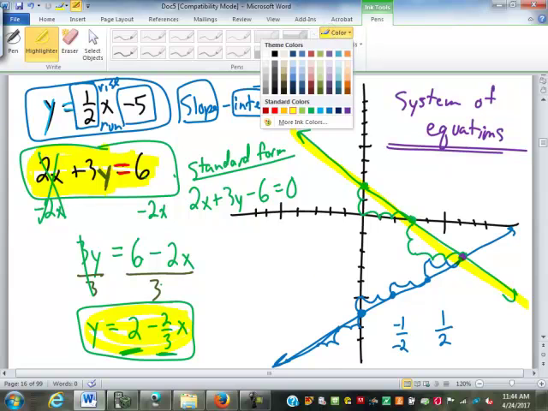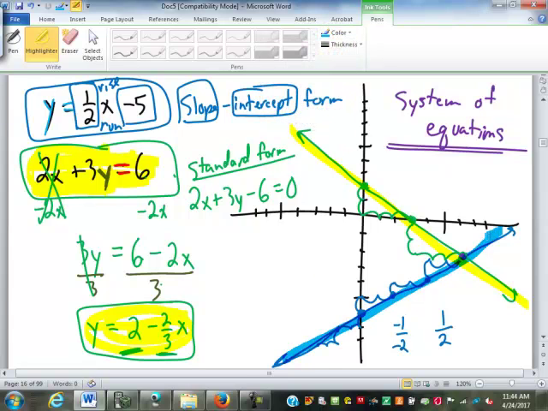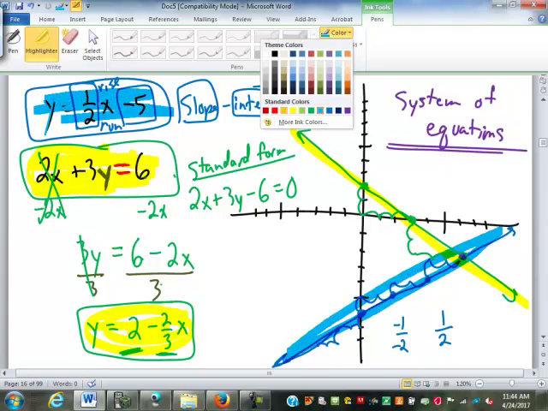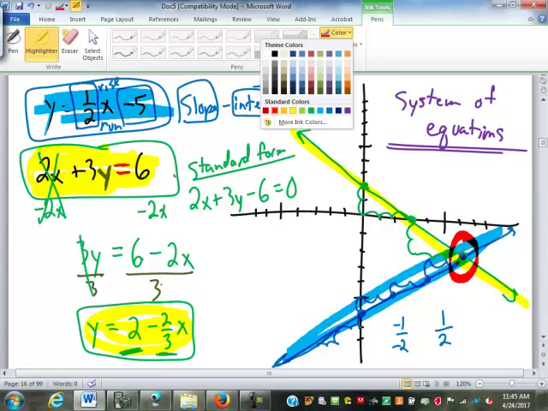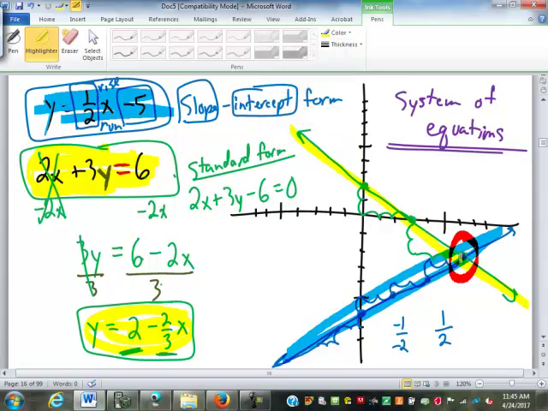And the blue, that is the set of all points x and y that make this first equation true. So if it's a system of equations and I'm looking to make them both true, that one point where the two lines cross makes both equations true at the same time. So that point would be the solution to the system of equations. So that looks to be at 6, -2.